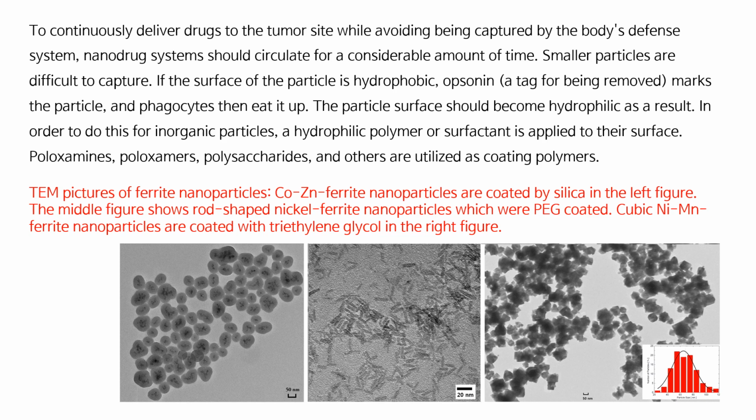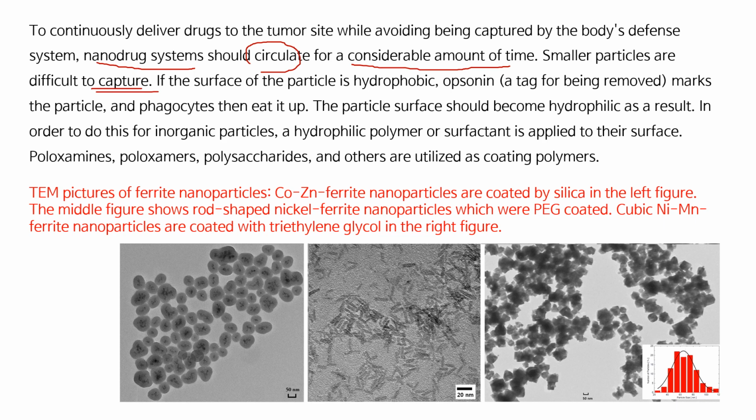To continuously deliver drugs to the tumor site while avoiding being captured by the body's defense system, nanodrug systems should circulate for a considerable amount of time. Smaller particles are difficult to capture.